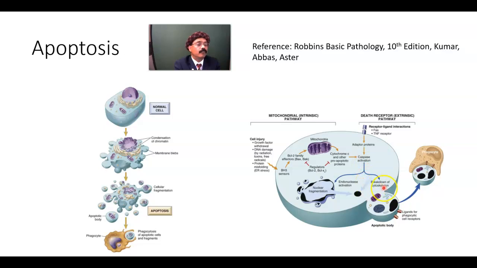It will break down the cytoskeleton because it cuts down the proteins, and caspases will also stimulate endonuclease activation. There will be bleb formation surrounded by the cell membrane, and a change in the cell membrane, so it will be easily phagocytosed by macrophages or other surrounding phagocytes.